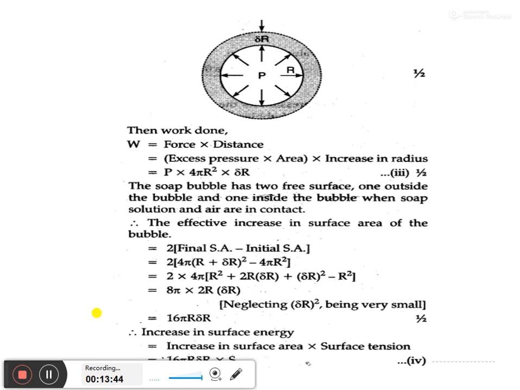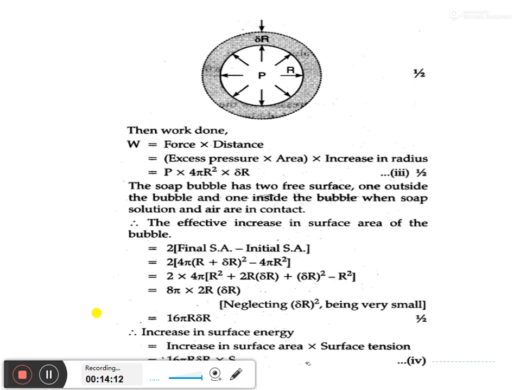So work done, here also we write, is equal to force into displacement, and force is excess pressure into area, that is P into 4 pi R squared into delta R. And there is an increase in surface area, that is final surface area minus initial surface area. But the only difference is the factor of 2 for the final surface area, because the soap bubble has two free surfaces, one outside and one inside.